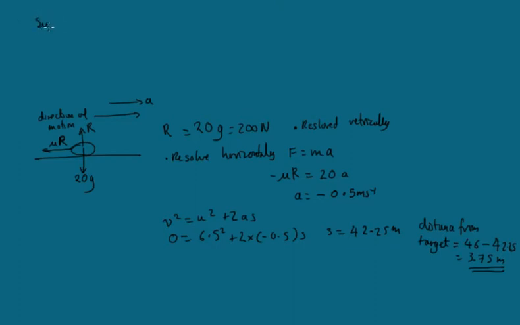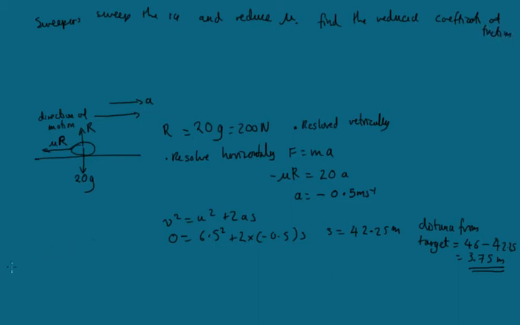So sweepers sweep the ice and reduce the coefficient of friction, assuming they lower the friction equally along the path. Find the reduced coefficient of friction.